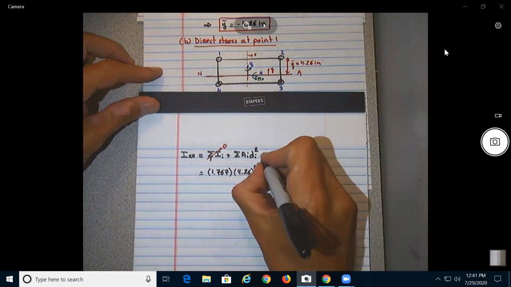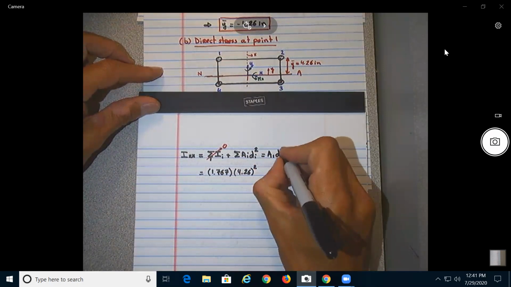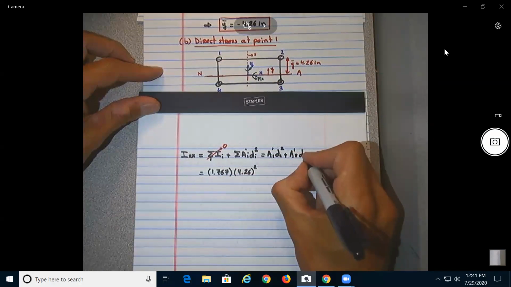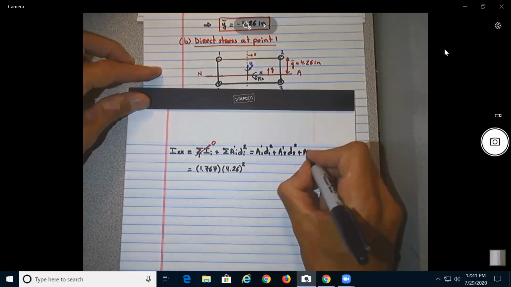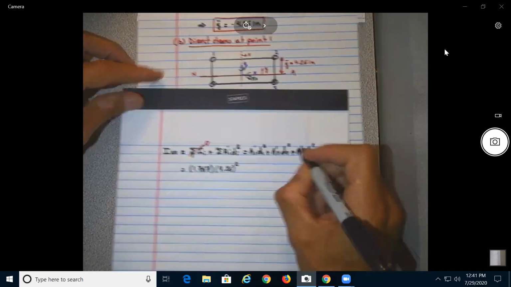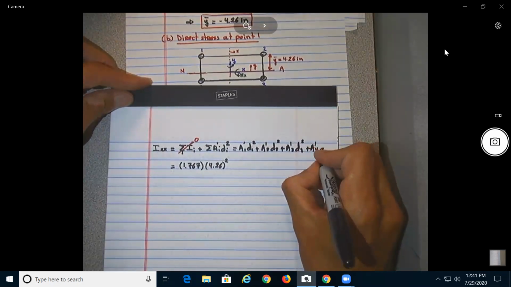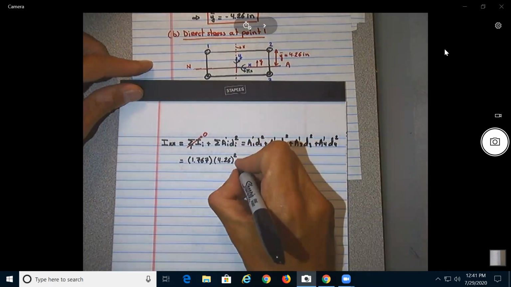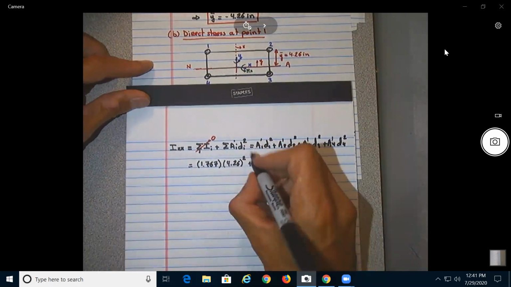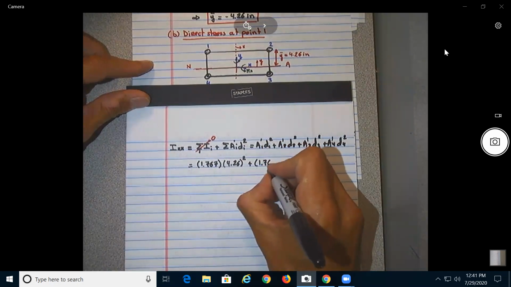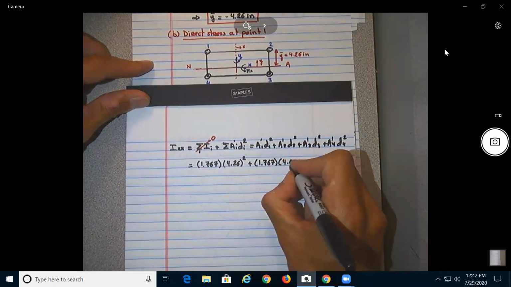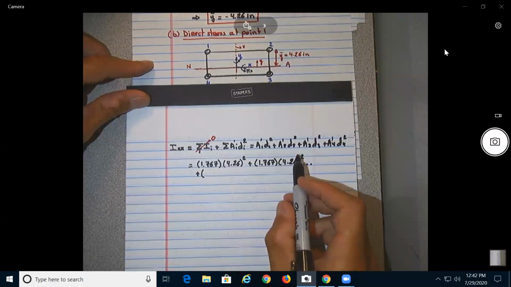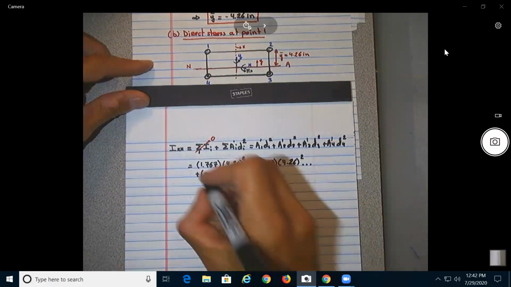So basically this is equal at the end to A prime 1 D1 squared plus A prime 2 D2 squared plus A prime 3 D3 squared plus A prime 4 D4 squared. So we have the same thing again because A2 has the same area, so 1.767 times 4.26 squared plus now A3, which the area is 2.017.